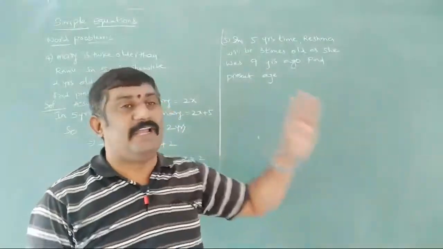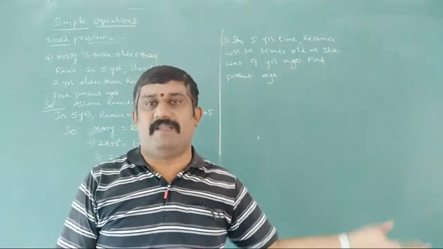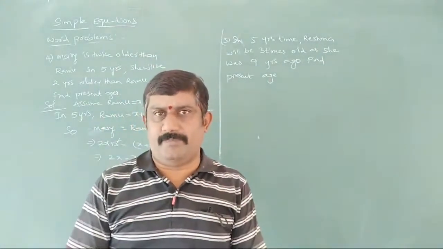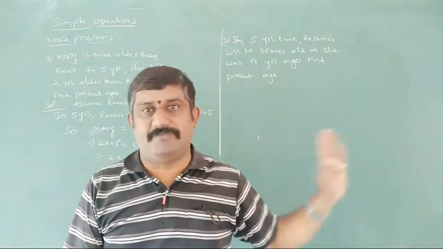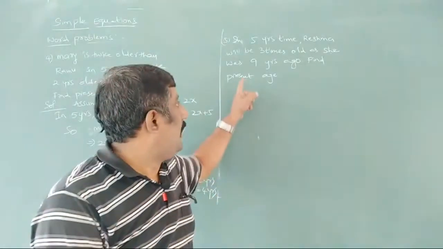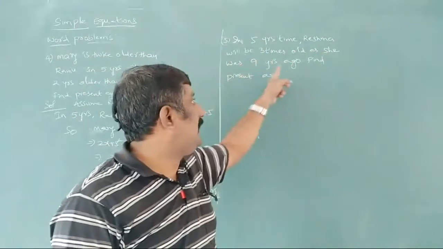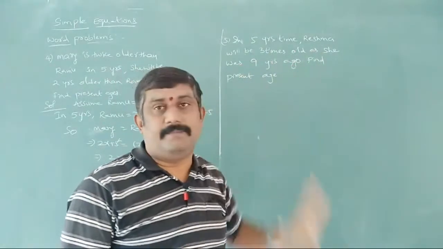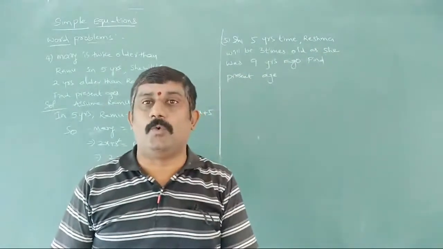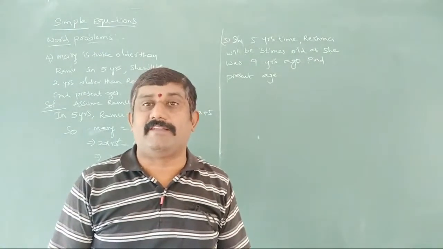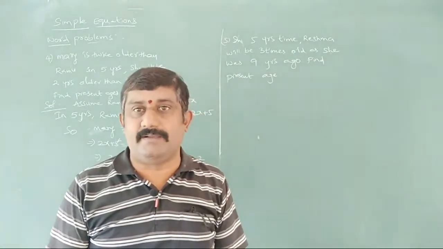In 5 years time, nothing but after 5 years. Okay, let us assume present age is x. After 5 years, x plus 5. And it will be 3 times as old as she was 9 years ago. So before 9 years, how much is it going to be? x minus 9.